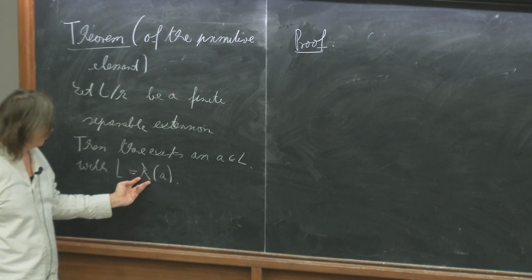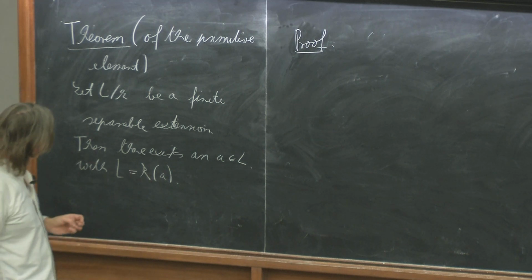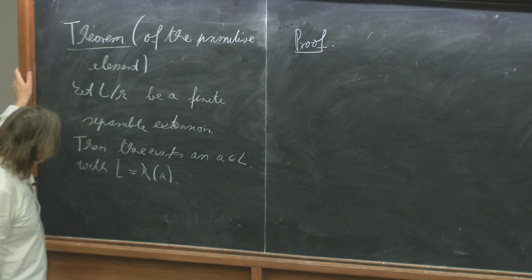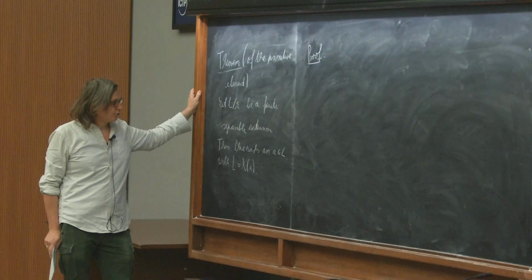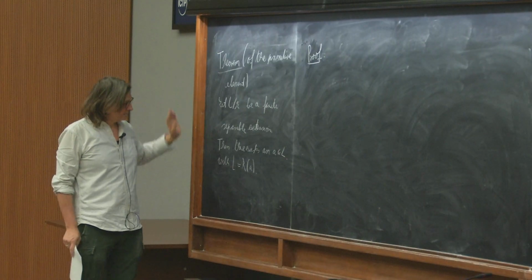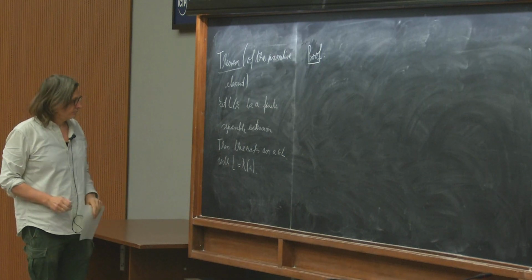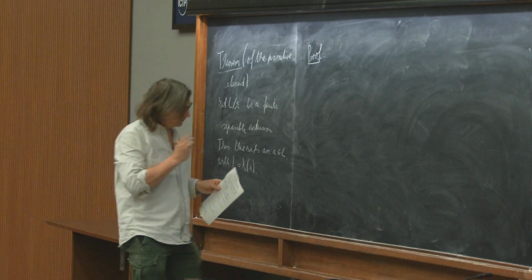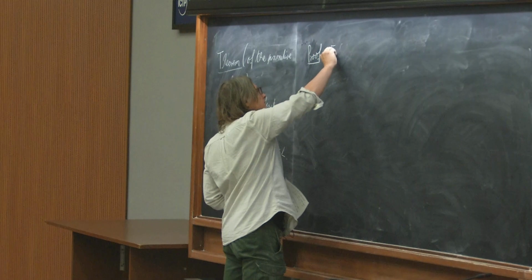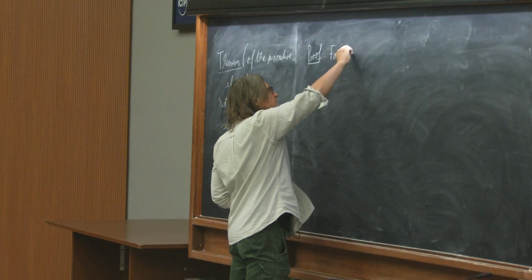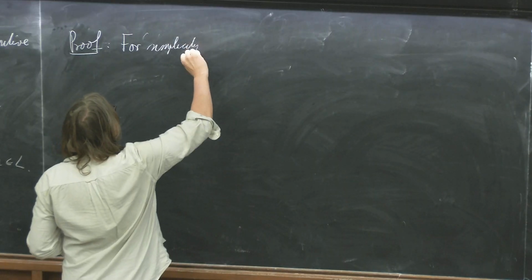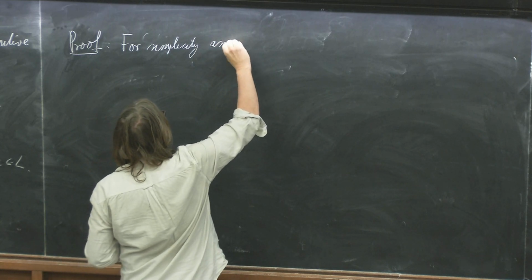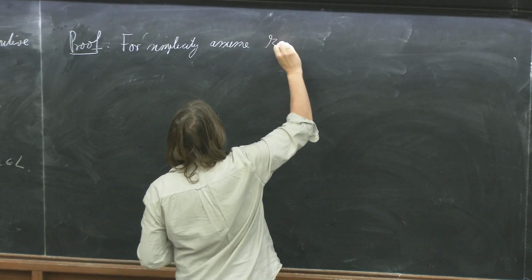So something like Q or whatever, not a finite field. This also works for finite fields, but the proof is more complicated and I will deal with it only in this case. So for simplicity, K is infinite.